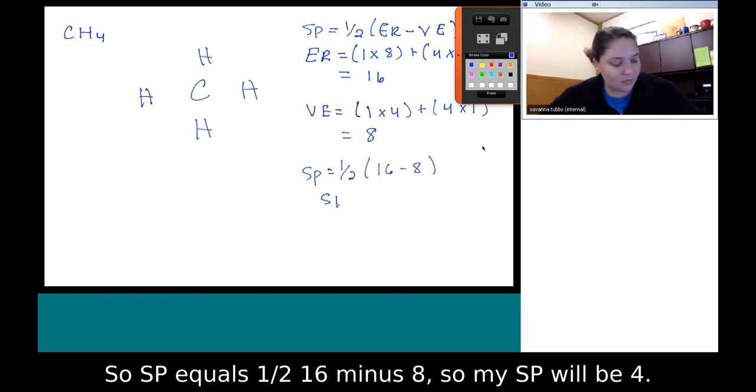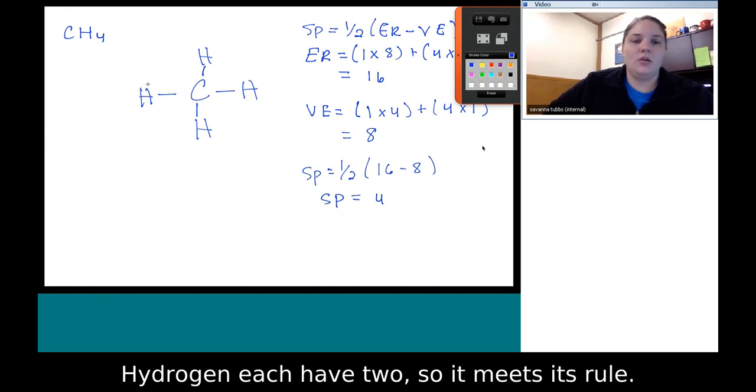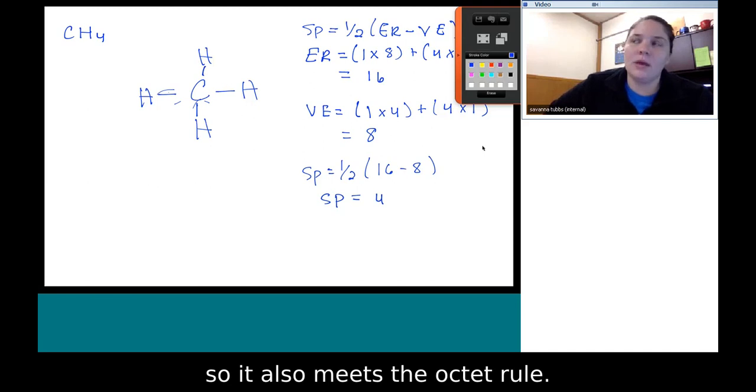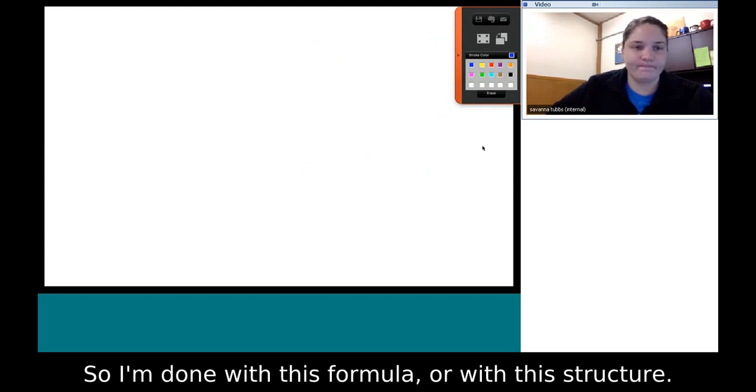So my SP will be 4. So 1, 2, 3, 4. Hydrogens each have 2, so it meets its rule. Carbon has 2, 4, 6, 8, so it also meets the octet rule. So I'm done with this structure.